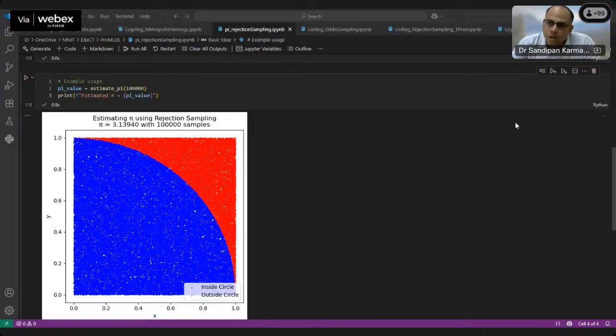C also, but you need some packages, because random number generation will be required for Java as well as C. Depending upon your skill set, you can use MATLAB and Python.